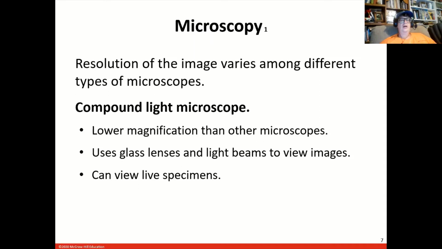So microscopes have different types of sources of energy going through them. The compound light microscope has light for the beam of energy, and light microscopes have glass lenses. Let's compare that to, say, an electron microscope.